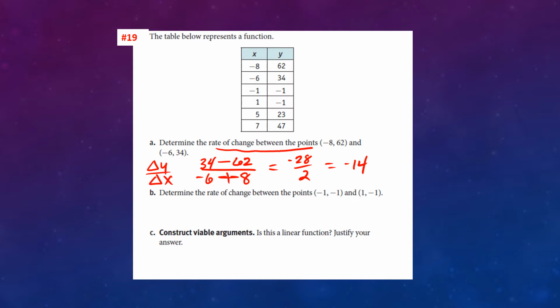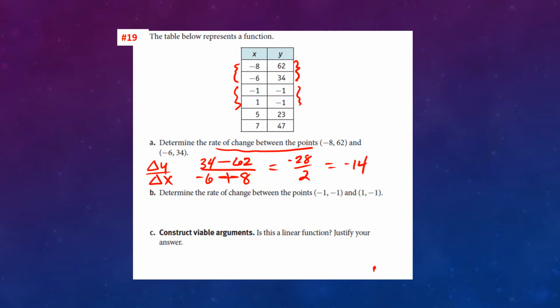Again, hopefully you didn't just copy that down, but you paused it before I started and you did it yourself, and you made sure you weren't making any little errors. So we just did between this point and this point. Now it says determine between these next 2 points. Let's see what happens. Now be careful, these all look the same.